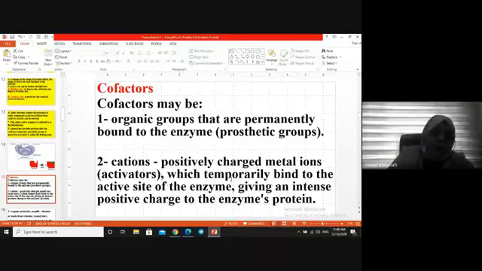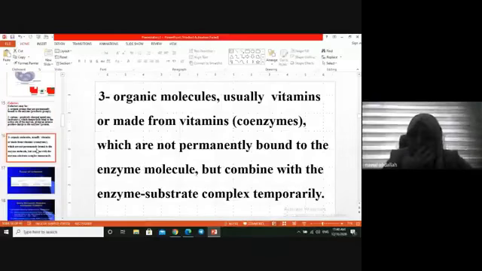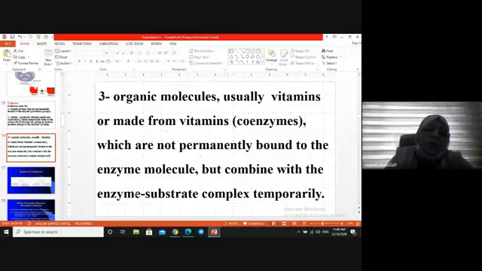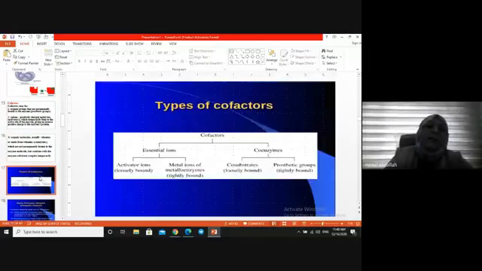Organic molecules such as vitamins, the coenzymes, are not permanently bound to the enzyme molecule but combine with the enzyme substrate complex, not with the enzyme directly.